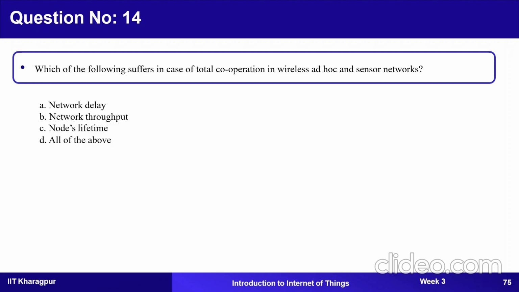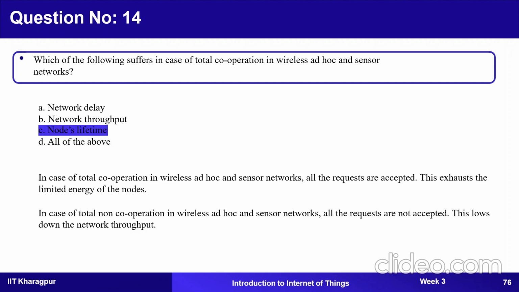But since in that network the messages are not exchanged, the throughput of the network suffers, right? So in case of total cooperation, the lifetime of the nodes will suffer, and in case of total non-cooperation, the throughput of the network will suffer.